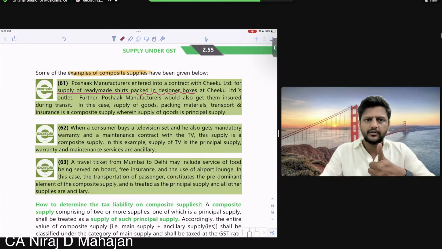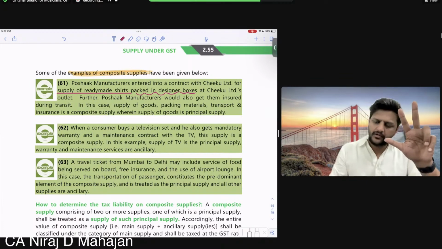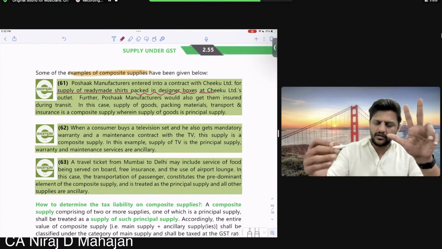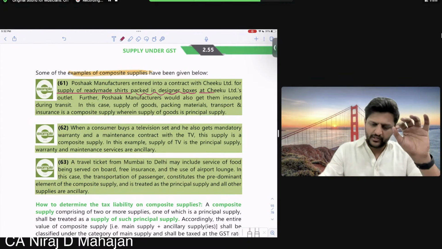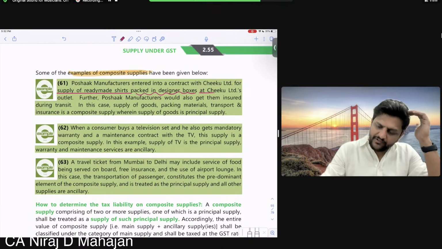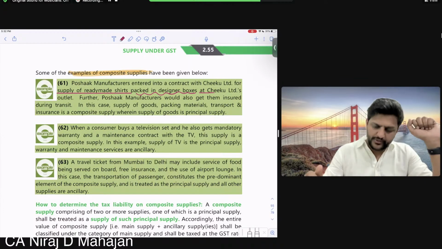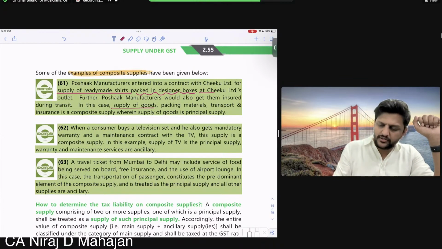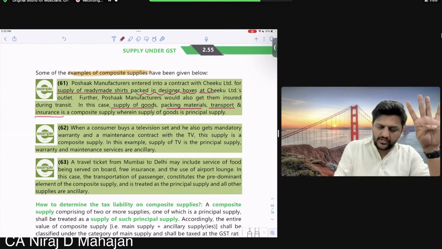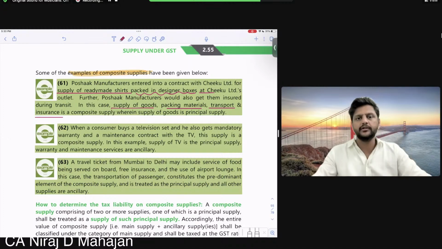Manufacturing of shirts, that also customized, special packaging and transport. Why? Because they have to be delivered at the recipient's place. Further, Poshak manufacturer would also get them insured during transit. So insurance also. So in this case, supply of goods, packing materials, transport, insurance, all four of them are coming together.